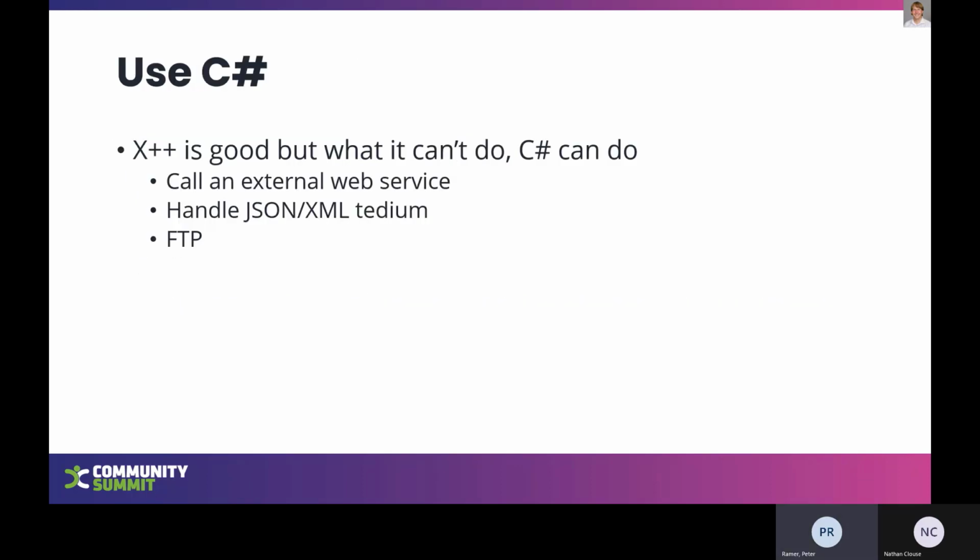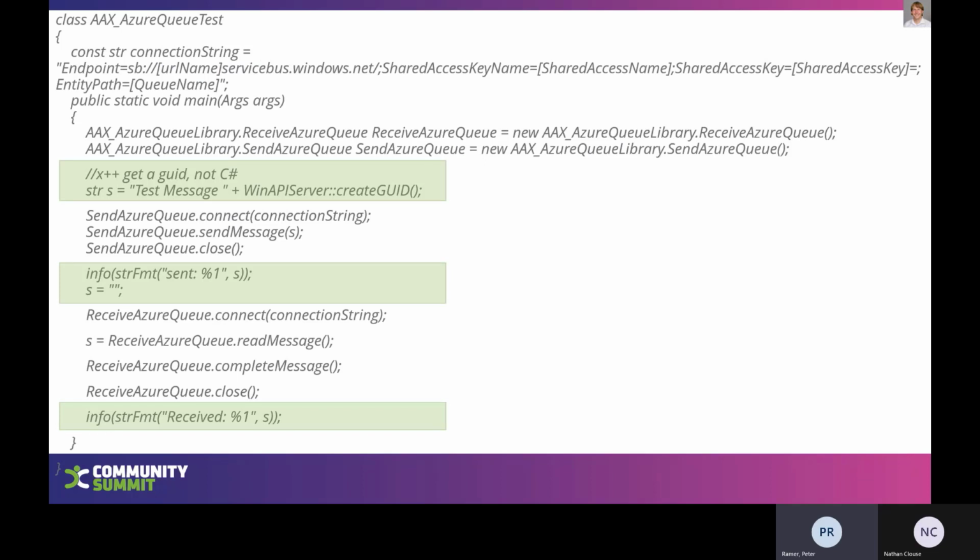So this can be really great if you need to pad a number with certain zeros. Okay, another really useful thing to keep in mind is you can actually write C# and other .NET code within the X++ code. Maybe you need to call an external web service, or you want to serialize some JSON or XML, or deal with an FTP site or an SFTP site, or even do some encryption.